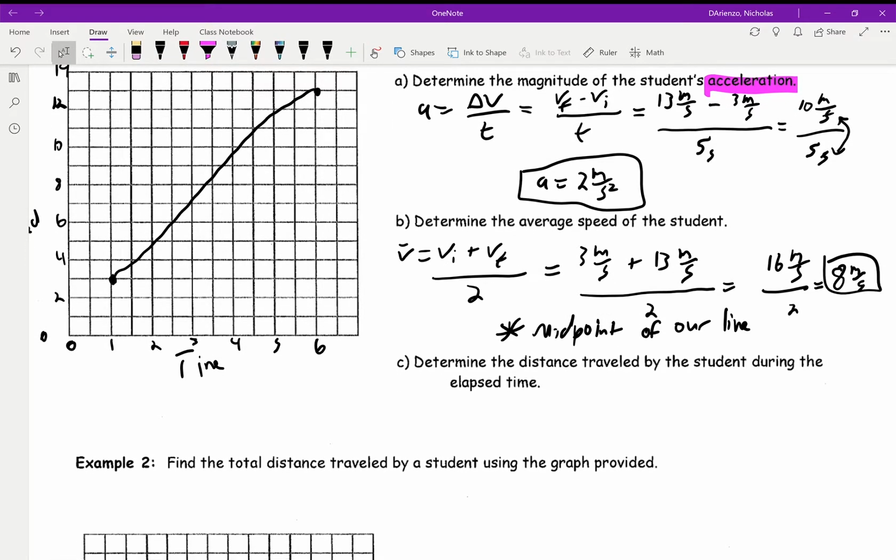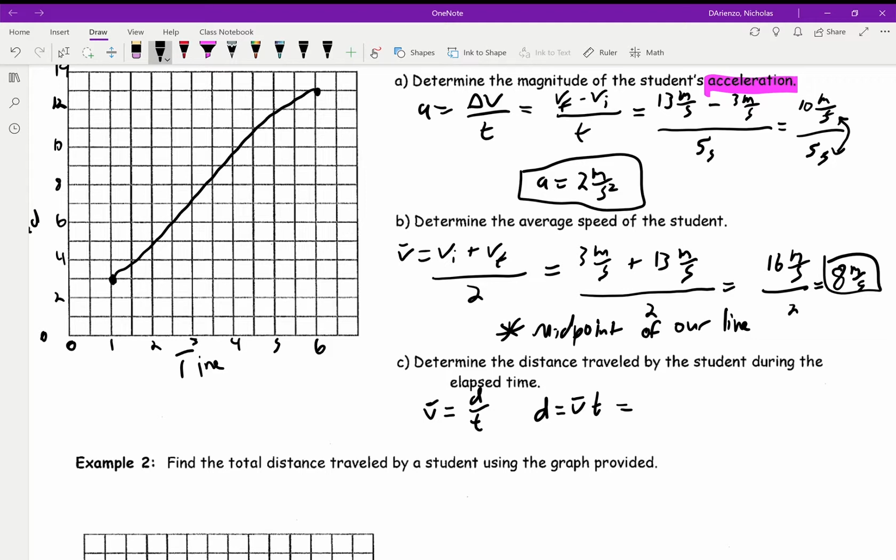So to determine the distance traveled by the student during the elapsed time, we can use the relationship between distance and time, which is average velocity. If we rearrange that and solve for d, distance equals average velocity times time.